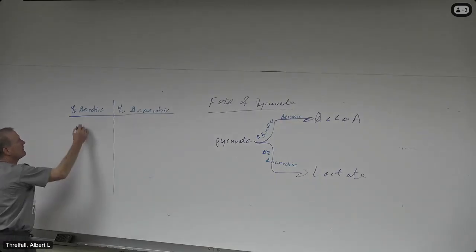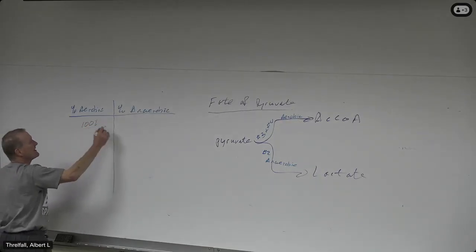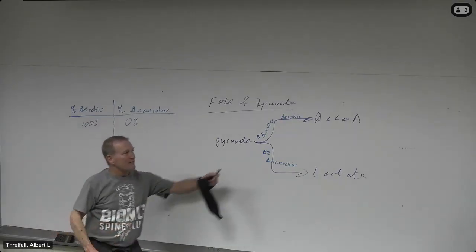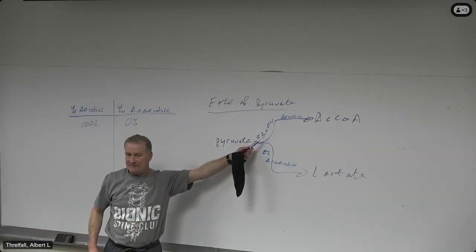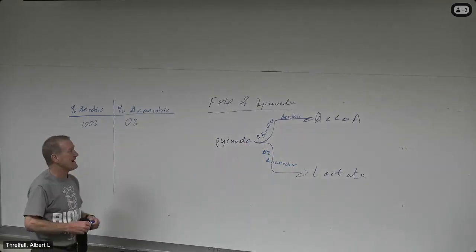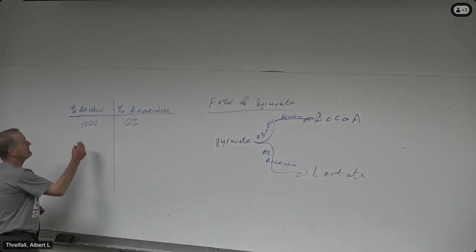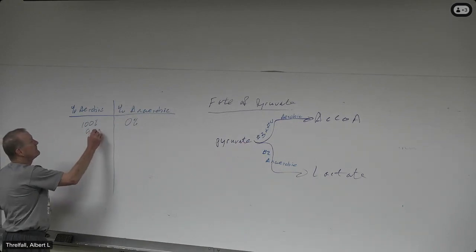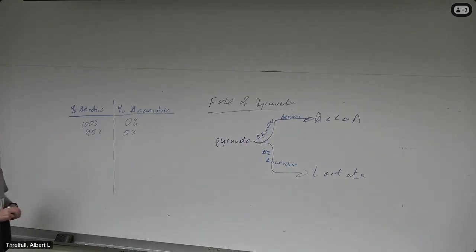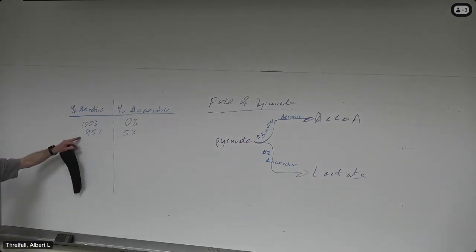At first, you're going to be 100% aerobic. All of your pyruvate's going to take the aerobic pathway. And you get going a little faster, a little faster, a little faster. Most of your pyruvate is taking the aerobic pathway, but a little bit of it's taking the anaerobic pathway.